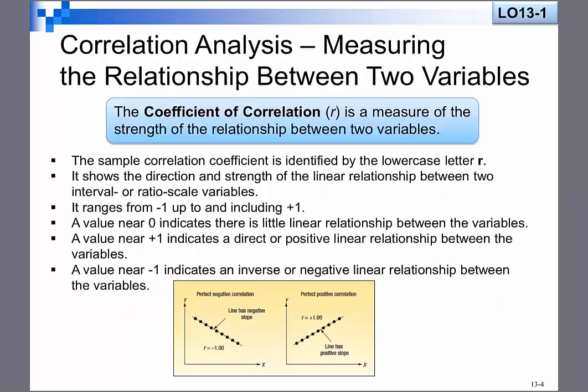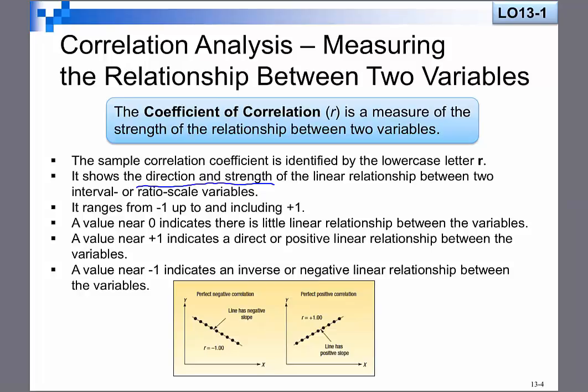Measuring the relationship, we have something called the R, the coefficient of correlation right here. What it does is tell us the strength and the direction of the linear relationship between two interval or ratio scale variables.